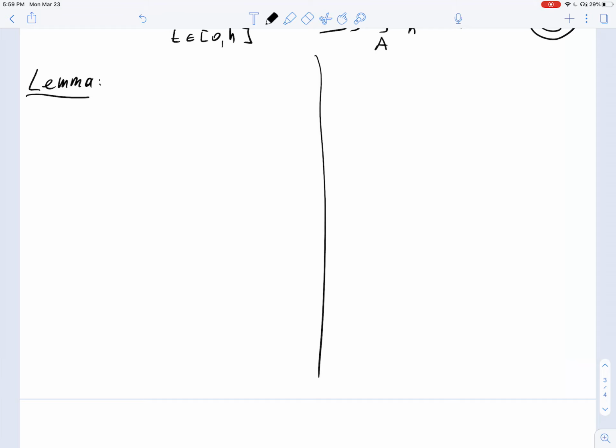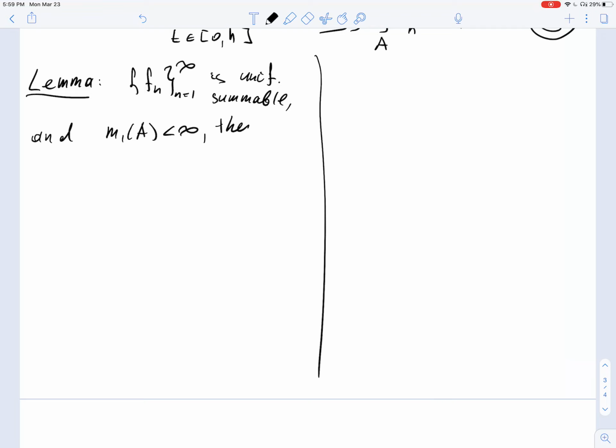The important lemma says that if a family Fn, now it will be countable, is uniformly summable and the measure of A is finite, then Fn converges to F almost everywhere implies that the integral of F over A is equal to the limit of integrals of Fn over A, dm1 here.